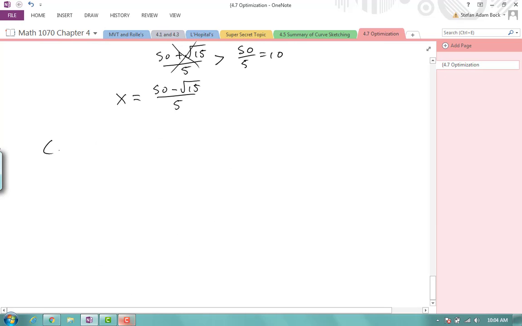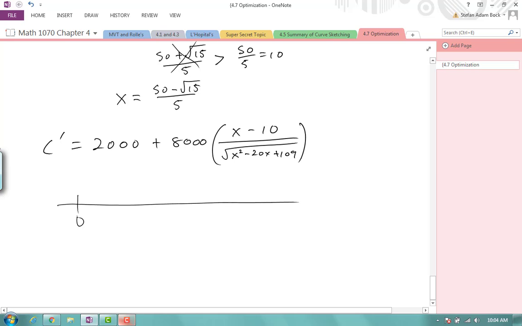Well, one note crashed, so let's try to write this again. My cost derivative function was 2,000 plus 8,000 times x minus 10 all divided by the square root of x squared minus 20x plus 109.